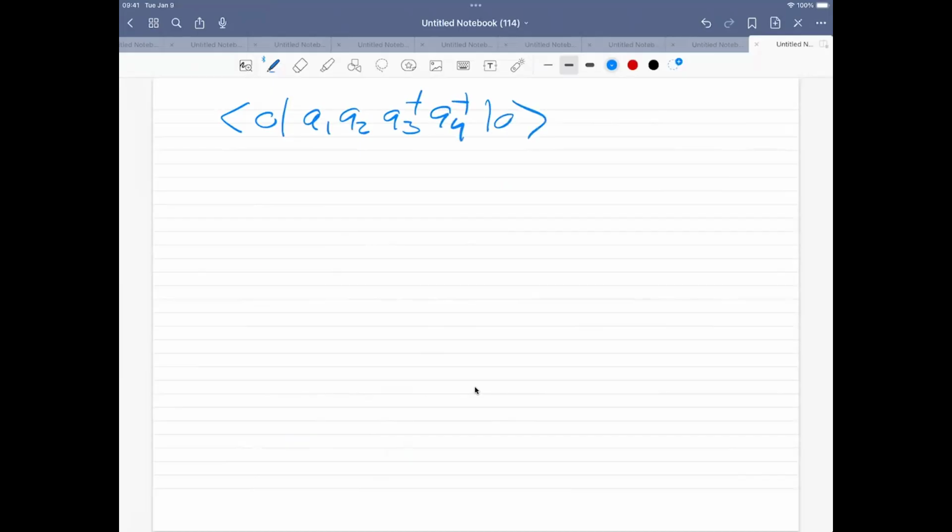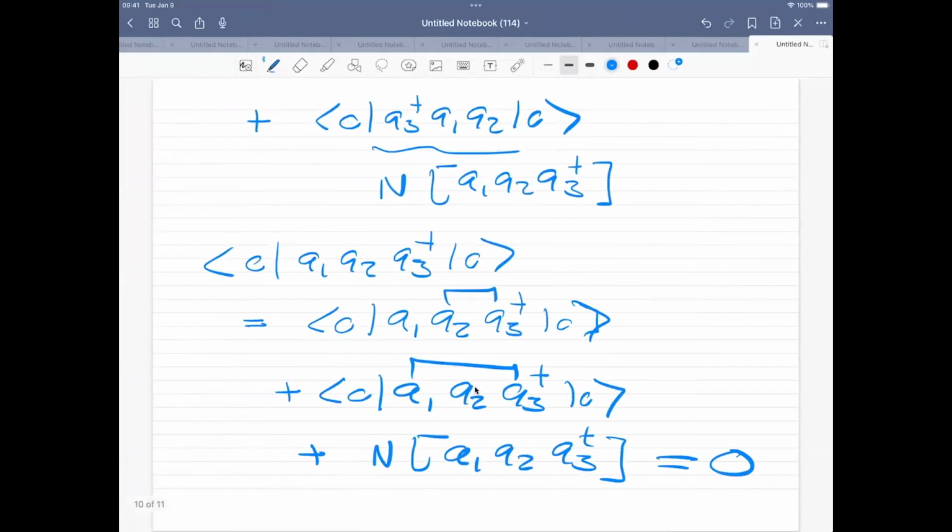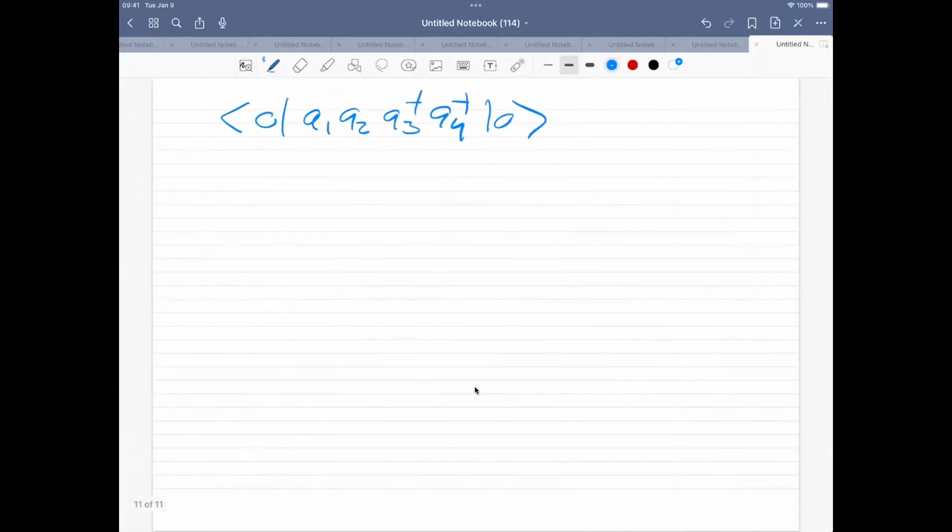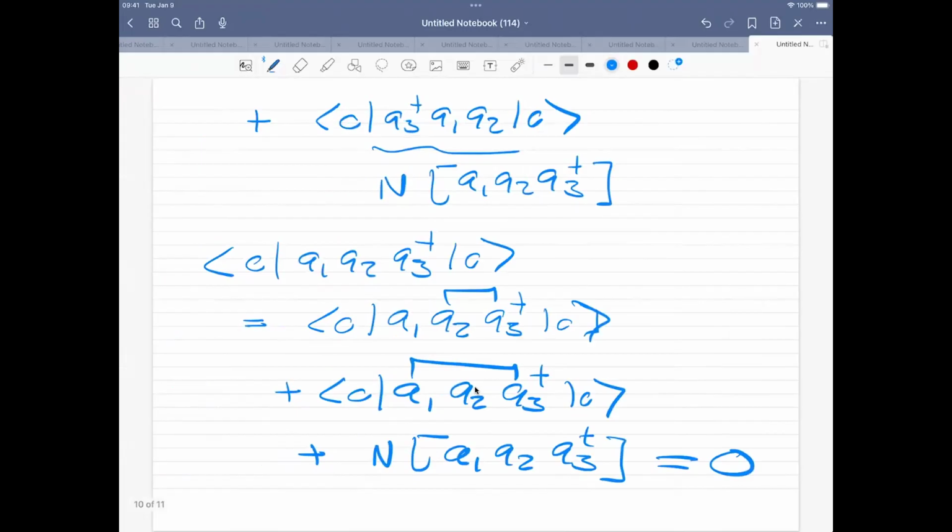What you will see is that you're going to be able to generalize this set of contractions to a set of all possible contractions, plus a final normal order product, which simply means that for every such set of operators, there will be one term after all the applications of the anti-commutation rules, which will look like this. And that is something you can read off automatically the value of, because it's just 0.